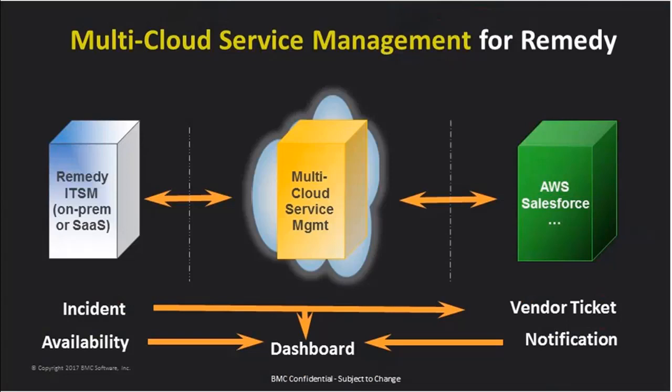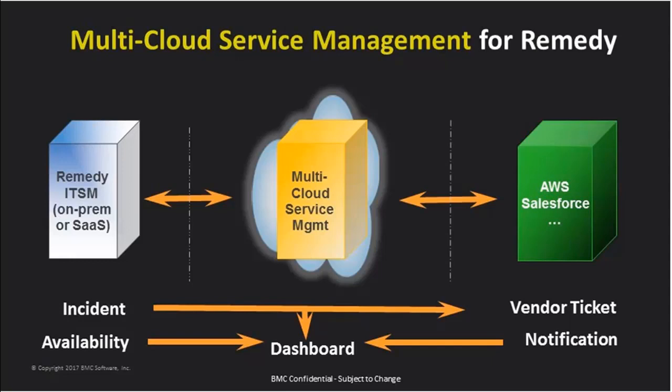And so what you can do with this capability is, when an incident comes into your service desk and it turns out to be an issue with those external services like Amazon AWS, the multi-cloud service would automatically pick it up and broker it to the ticketing system of AWS, so that you don't have to go in and manually enter this issue in the AWS system, right?